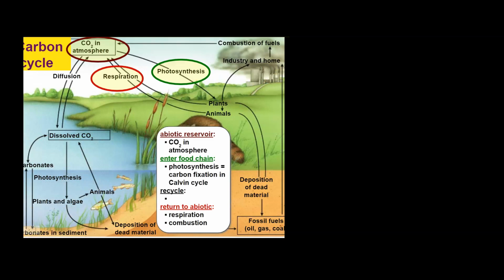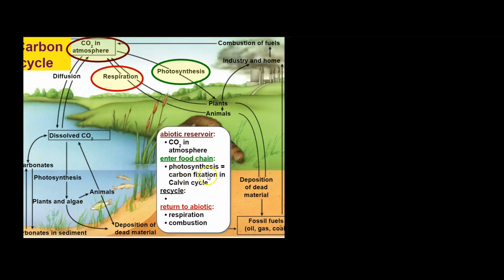So quickly, I'm just going to go over some of the different cycles. So the key thing to think about when you're looking at a biogeochemical cycle is, what is the abiotic reservoir? So for example, for carbon, that's the atmosphere. And then the biotic is the food chain. So photosynthesis is fixing carbon through the Calvin cycle.